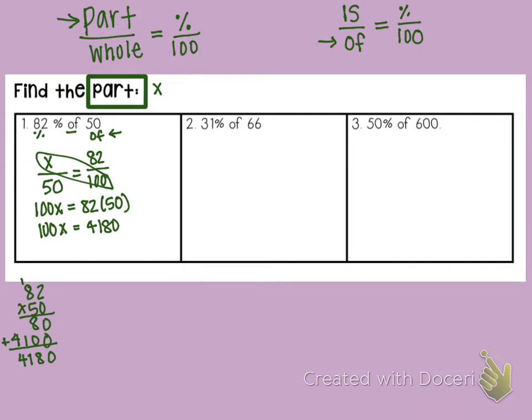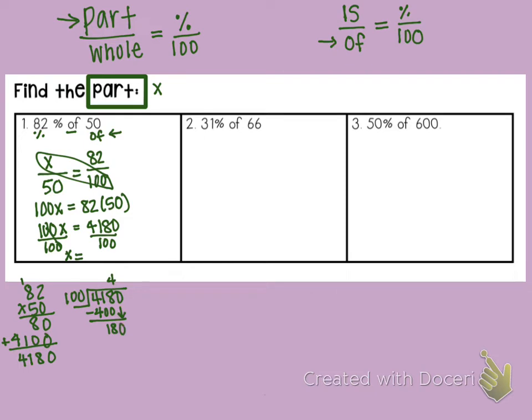Then we have one more step. This is just a one-step equation. So 100x means divide by 100 and divide by 100. And that just leaves us with our x variable equals 4180 divided by 100. 100 goes into 418 4 times. 4 times 100 is 400. Okay, and then 418 minus 400 is 18.